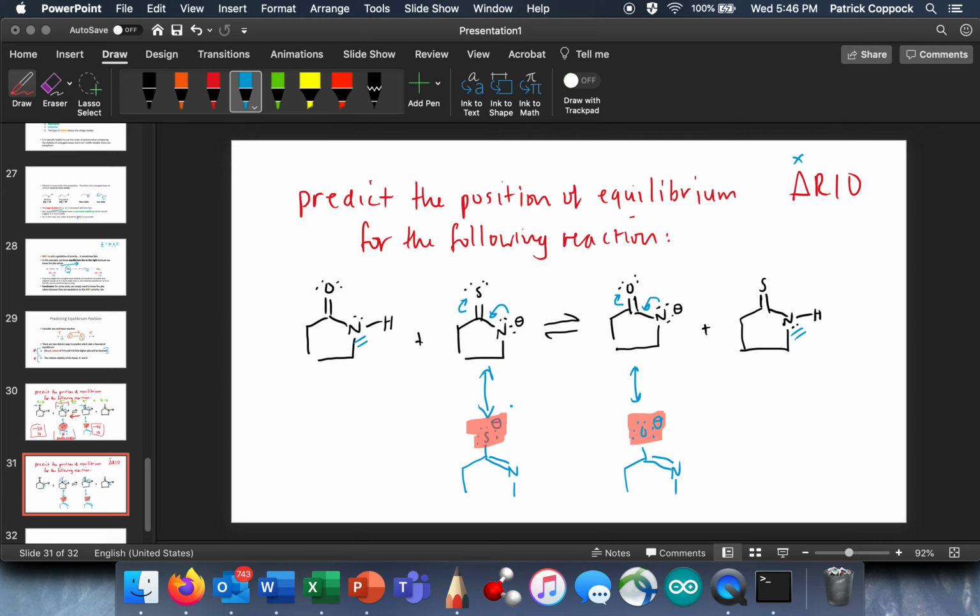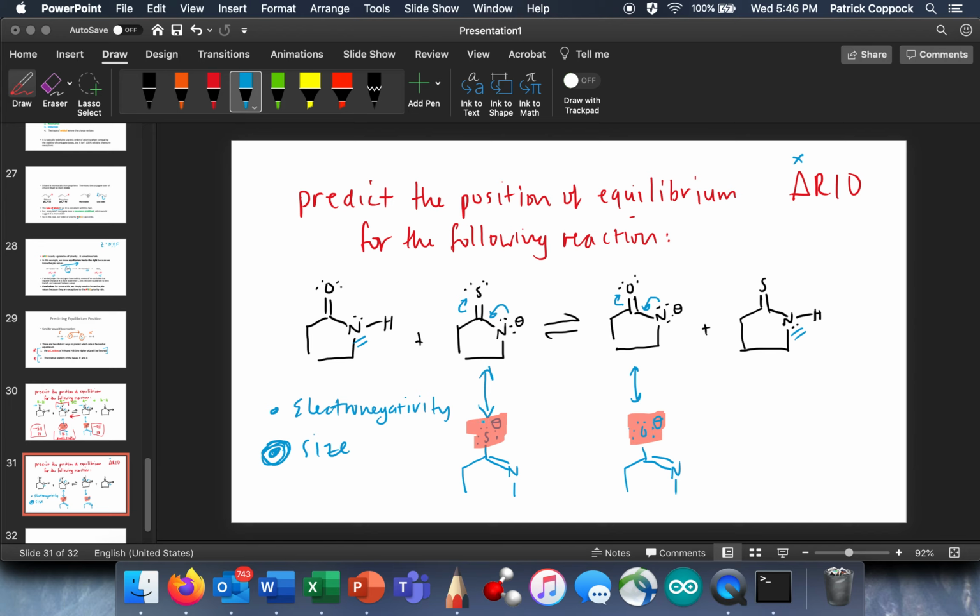So I say this is a bigger atom, and you may recall that we've got two factors for that. Electronegativity and size. I should have put size first because size actually is the bigger of the two.